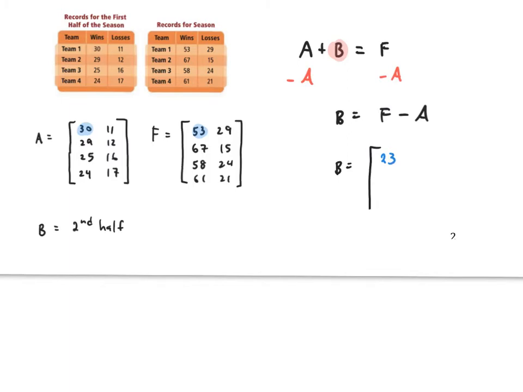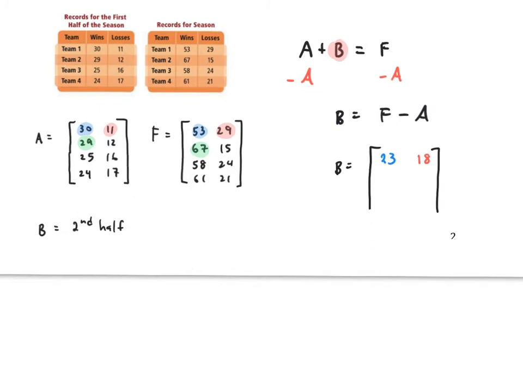Next, we have 29 minus 11, 18. All right, continuing on, we have 67 minus 29 to get 38.